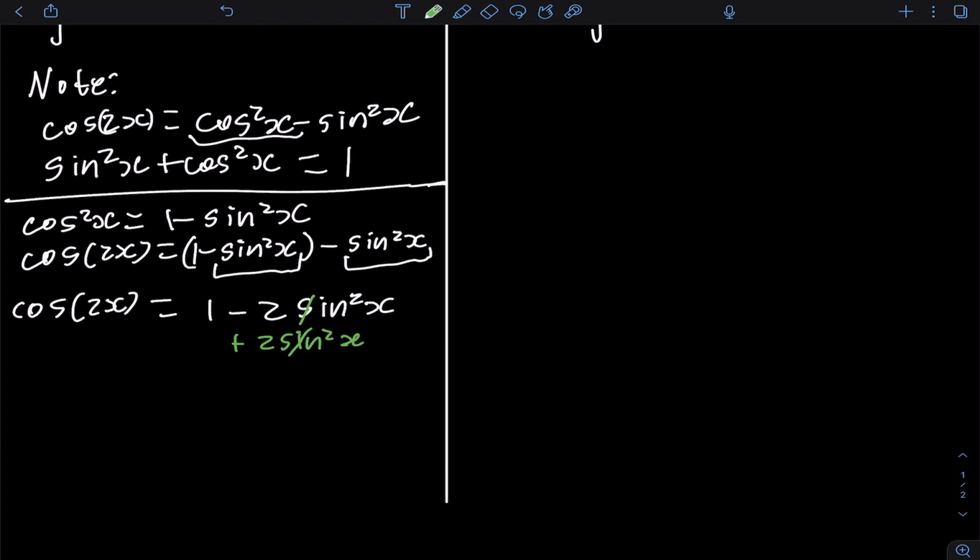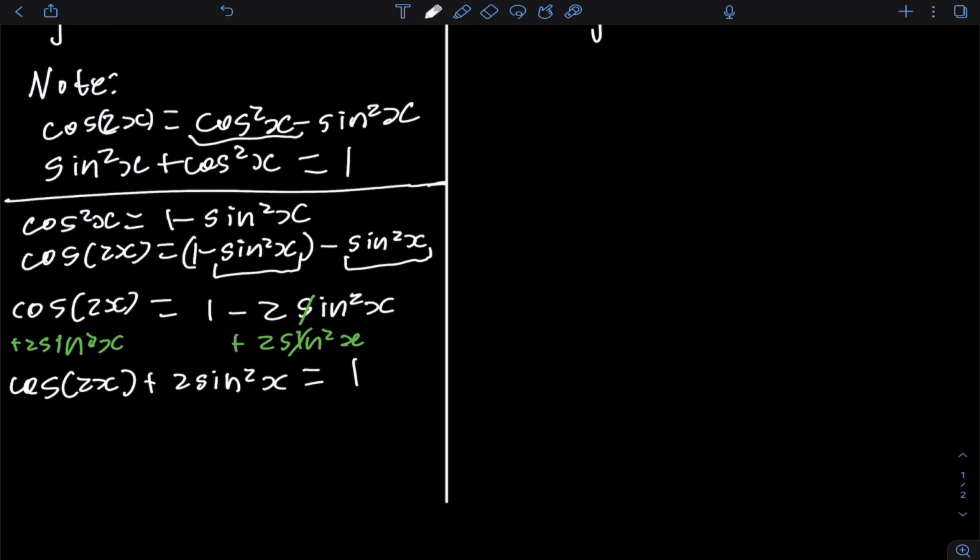So we get cosine 2x plus 2 sine squared x is equal to 1.